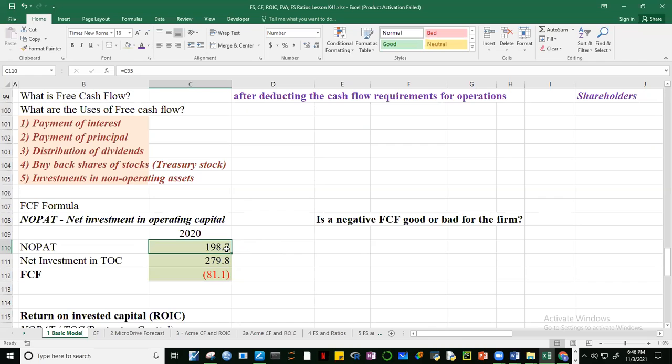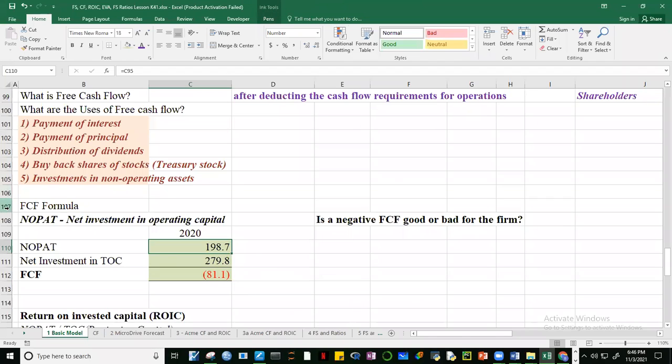So dito 300, no? Si competitor. Tapos tayo 198 lang. So ang free cash flow niya positive, tayo negative, no? Kasi ang net investment, let's assume na pareho yung net investment, 280. Then we're having negative free cash flow, they're going to have positive free cash flow. In that regard, guys, then very bad yung negative free cash flow natin.